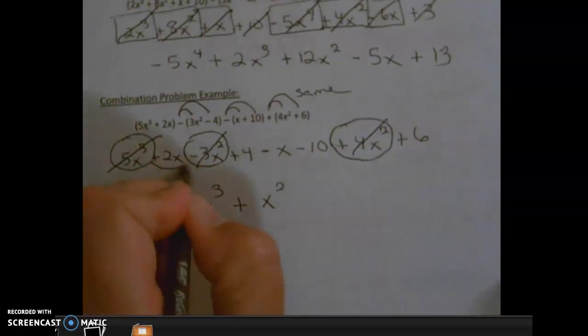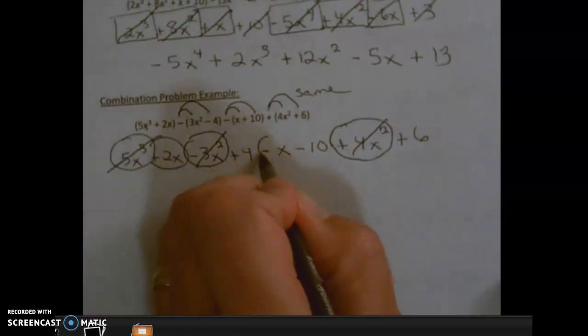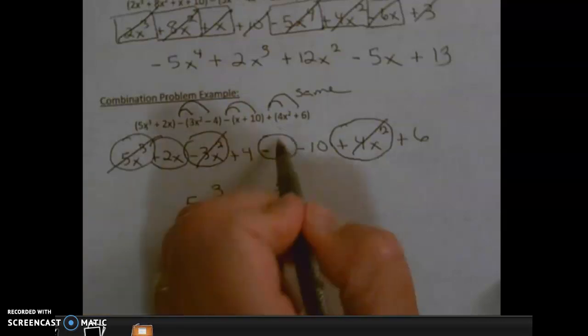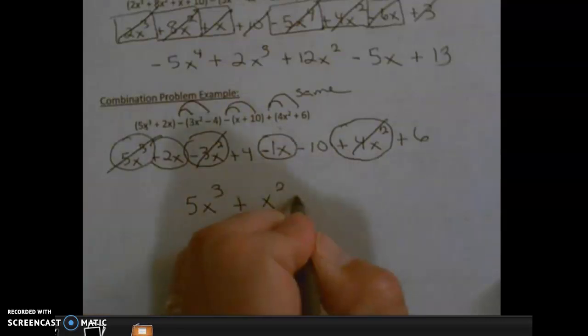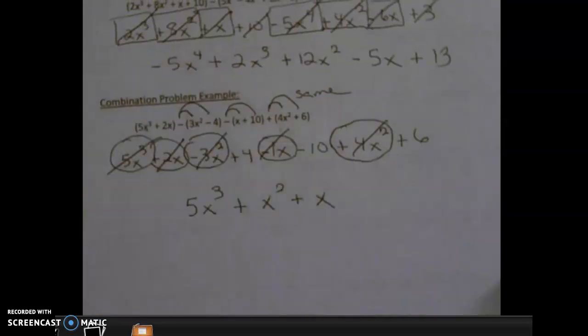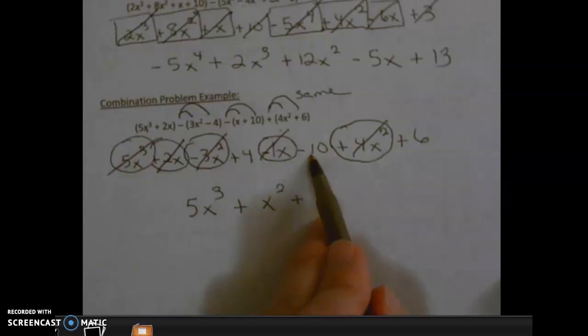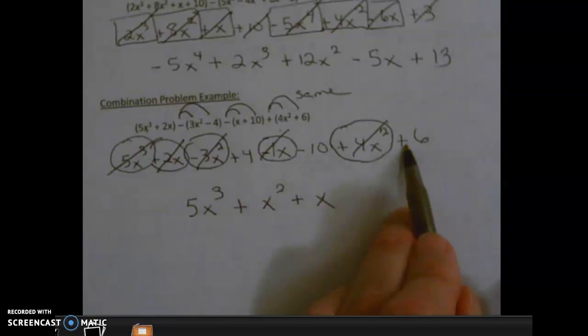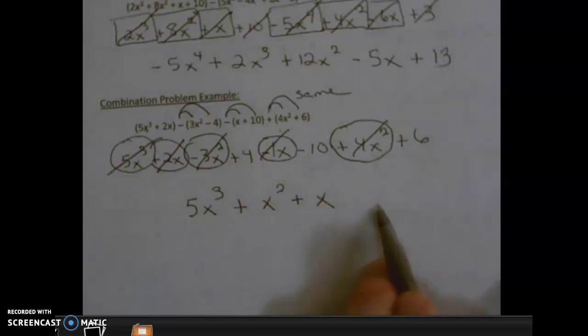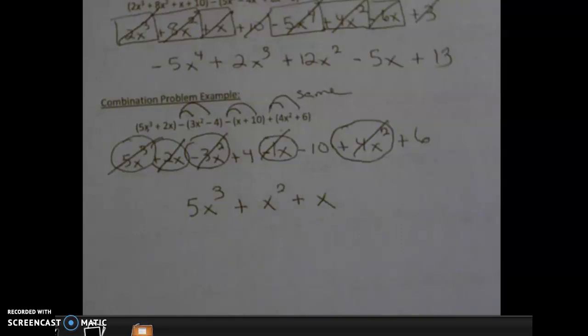Then we have 2x minus x minus 1x, which is 1x. And then combining our constants, 4 minus 10 is negative 6. Negative 6 plus 6 is 0. So we do not have to put a 0 on the end. So here we have a 3-term polynomial.